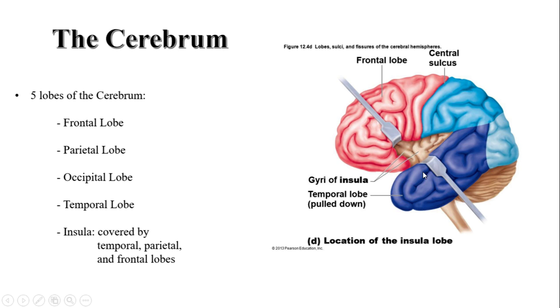They do say that there's a 5th lobe, actually located deep to the temporal, parietal, and frontal lobes, which are covering it. So this insula here is considered our 5th lobe. It's just another area of cortex, sometimes called the insular cortex. We're going to discuss all the different functions, I think, in the next or third recording.